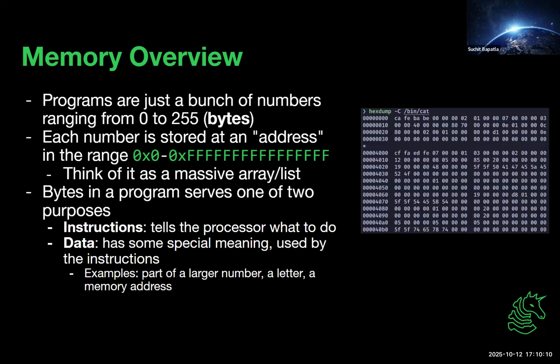It is either an instruction, telling the processor what to do at a specific juncture, let's say to print something or to jump to a specific function, etc. You get the gist. Or there's also data that's stored, which has some special meaning used by instructions, from basic variables to more complex data structures and classes. So for a larger number, a letter, or a memory address in the case of pointers.